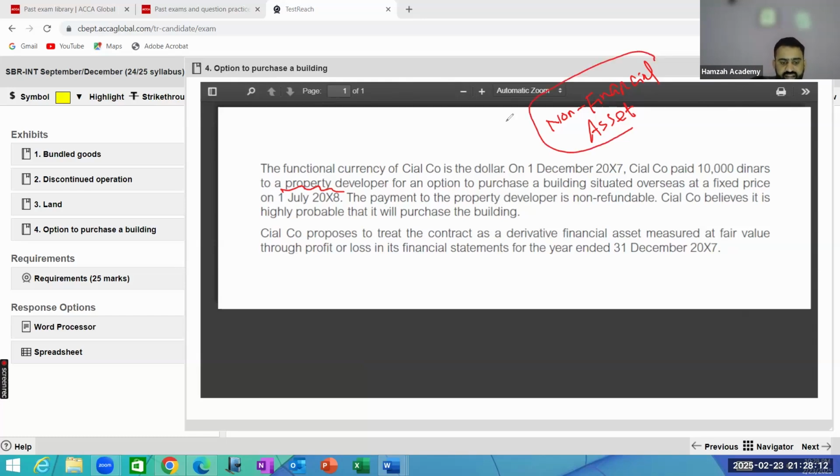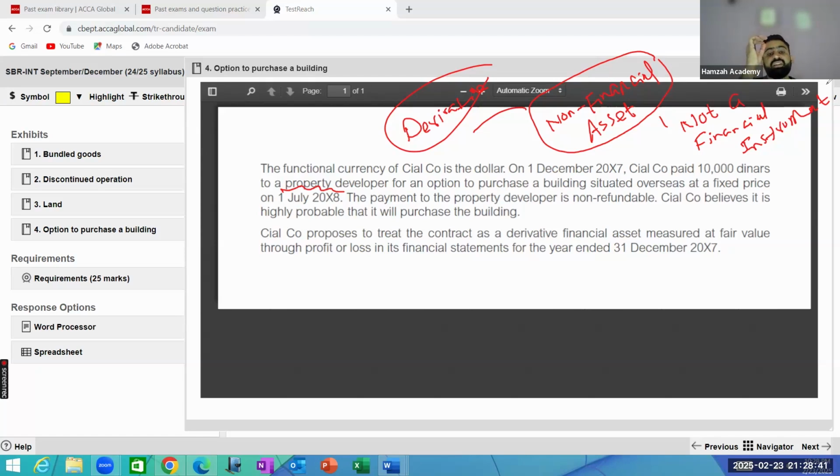Now, according to IFRS 9, a derivative on a non-financial asset is not a financial instrument. I am saying again, it is not a financial asset or financial instrument, or in other words, it is outside the scope of IFRS 9, if the intention is to take the physical delivery of that asset.